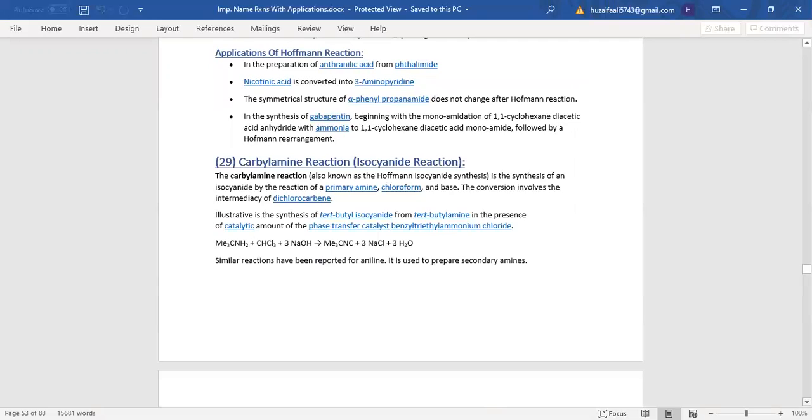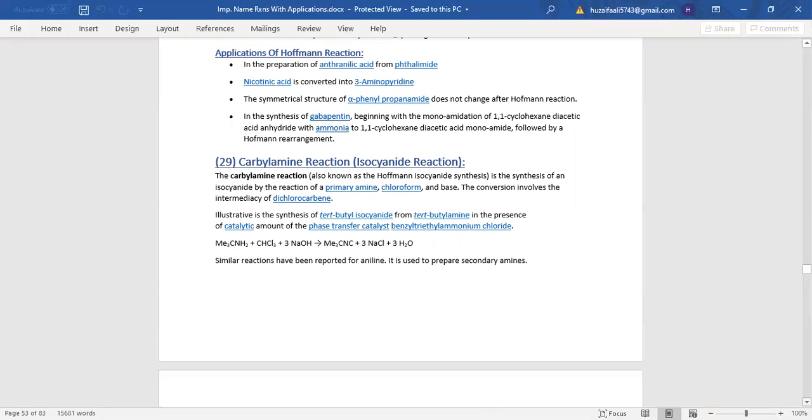Applications: in the preparation of anthranilic acid from phthalimide, nicotinic acid is converted into 3-aminopyridine. The symmetrical structure of alpha-phenyl propanamide does not change after Hofmann reaction.